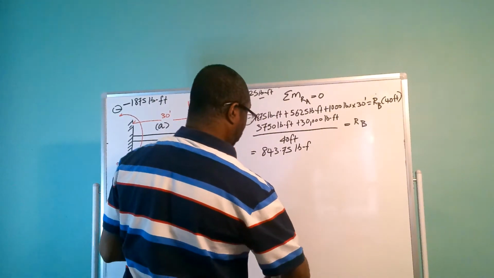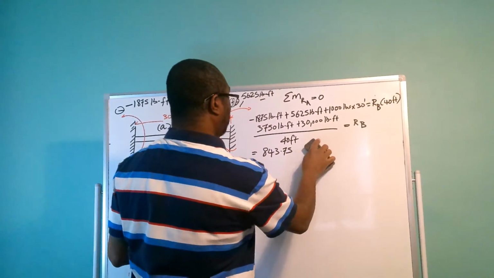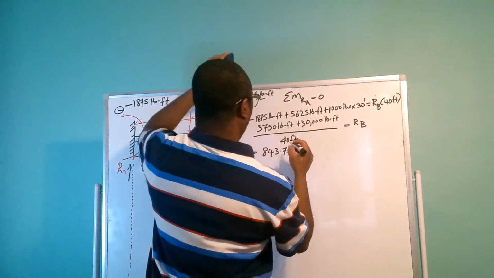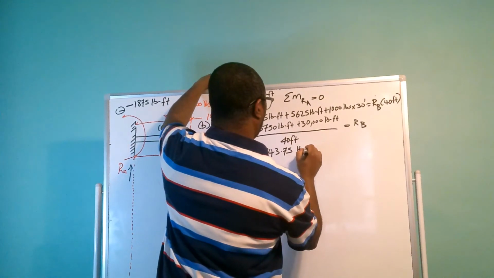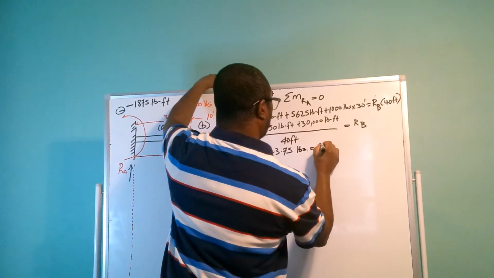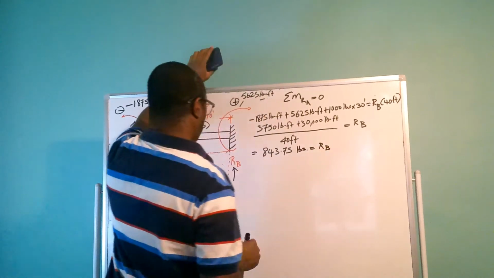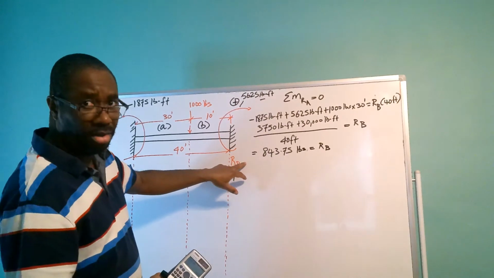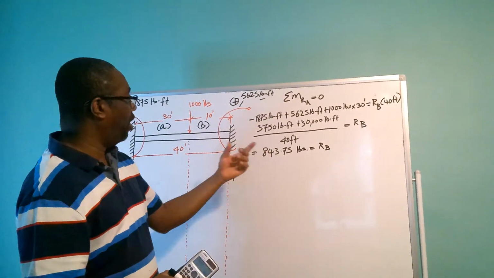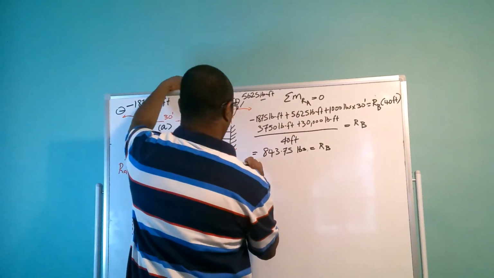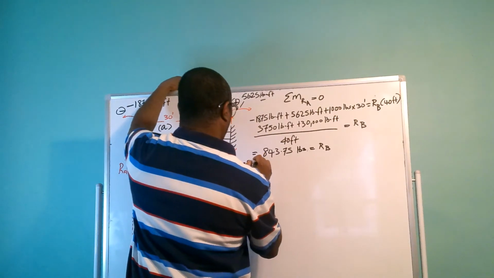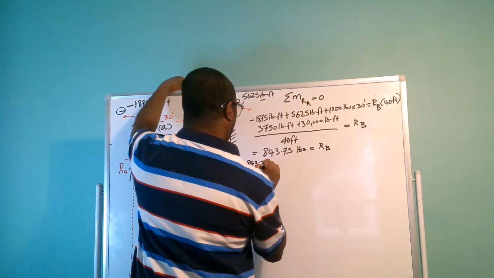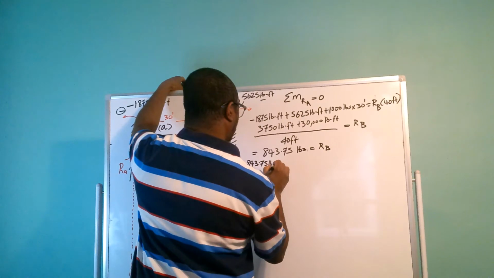Sorry, pounds, equal to RB. So the reaction at RB is going to equal 843.75 pounds.